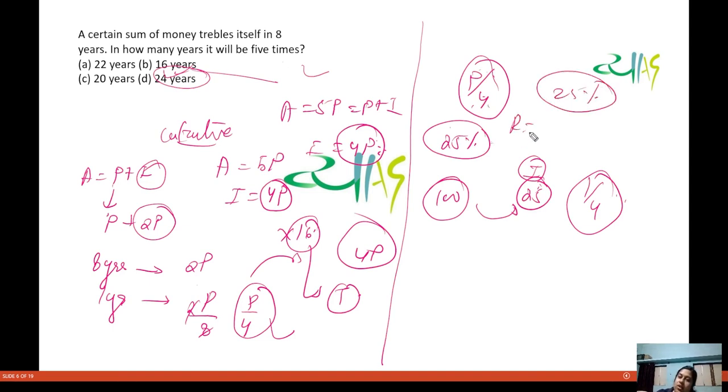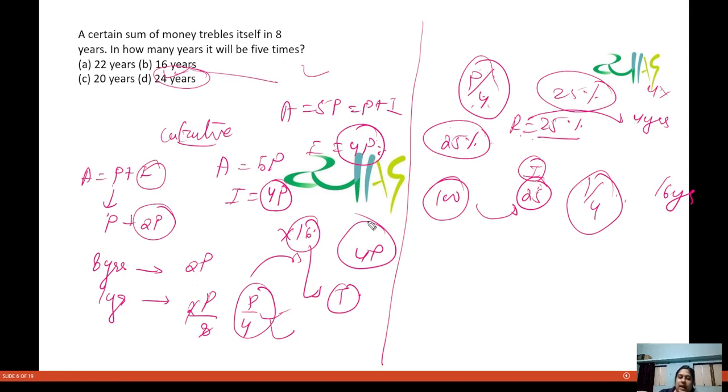So once I got this rate of 25%, I will have the same amount in 4 years, and to get 4 times the amount, I will need 4 into 4, that is 16 years.